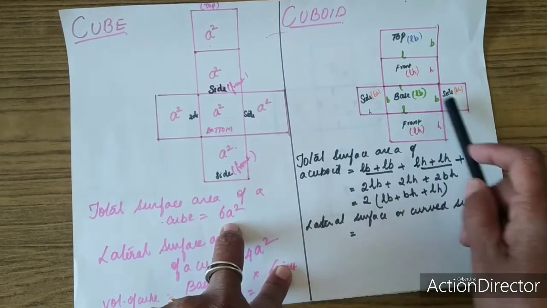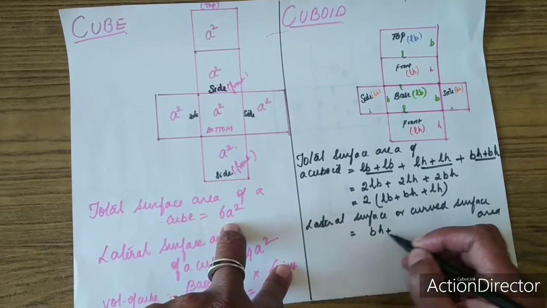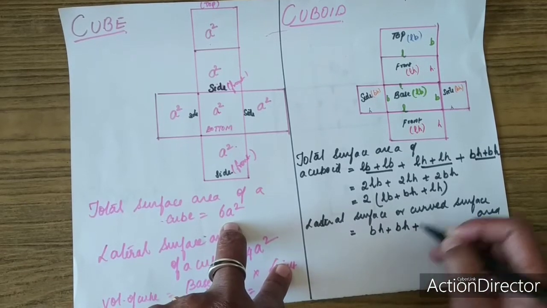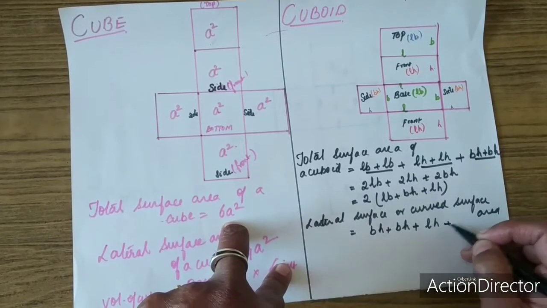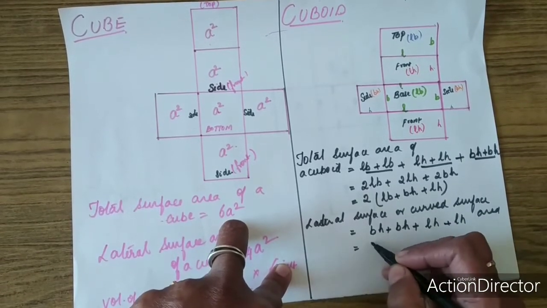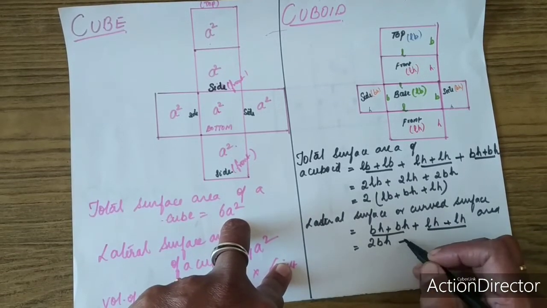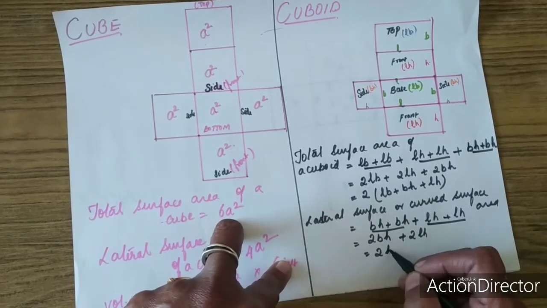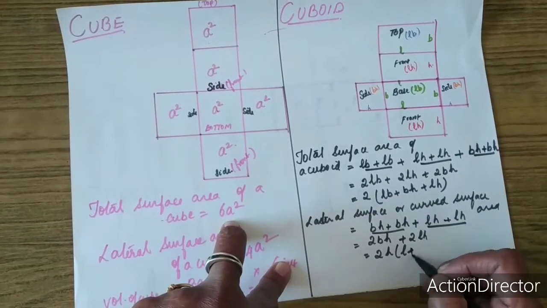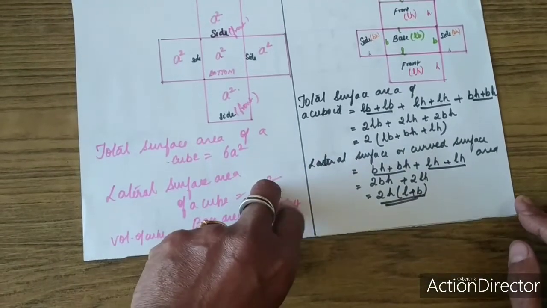So first you add the side faces, that is breadth into height plus breadth into height, and the front faces, L into height plus L into height. This is nothing but 2 times BH plus 2 times LH. Taking 2 and H as common, it is 2H into L plus B. So this is your lateral surface area.